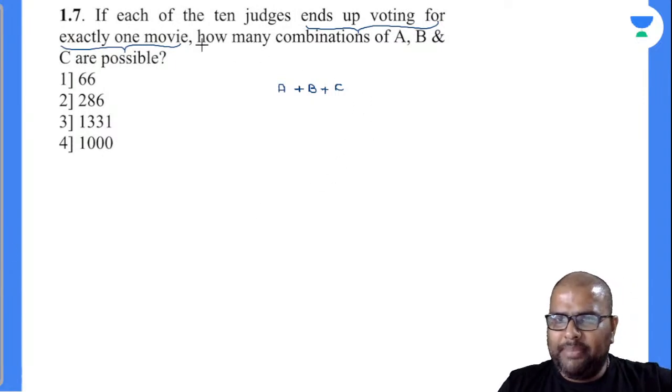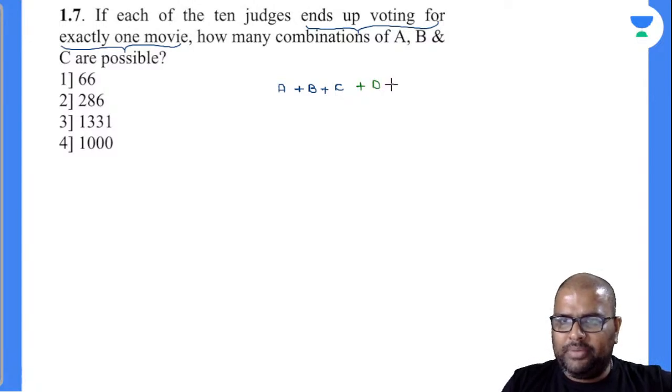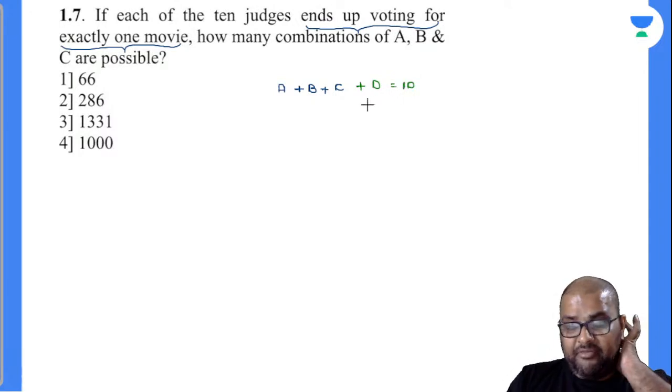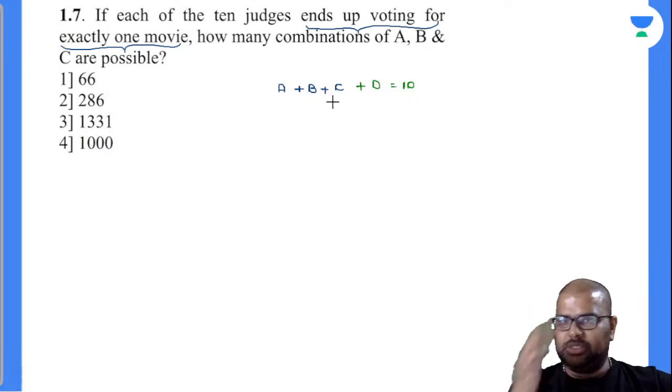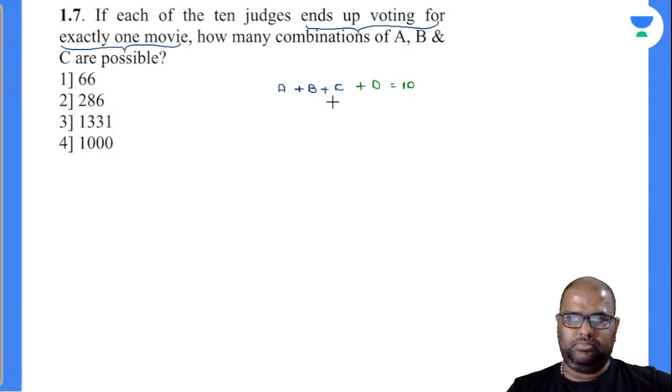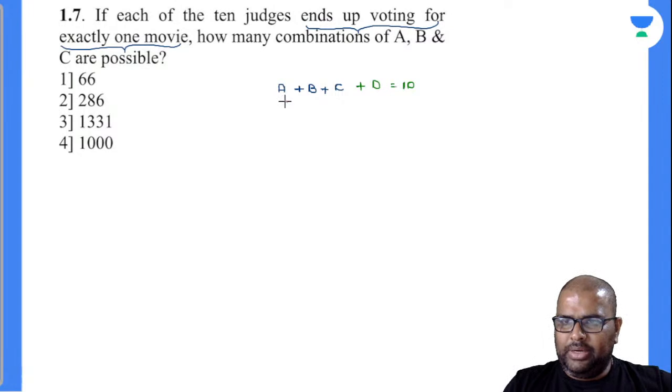So A plus B plus C plus D must be equal to 10. Am I right or wrong? So there will be a condition where these 10 judges vote for another movie also. Will you accept that? Please let me know, yes or no. So I write D in 10.